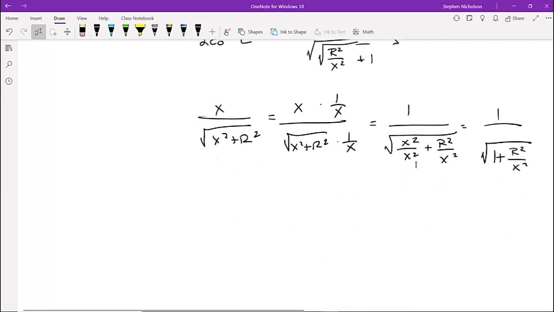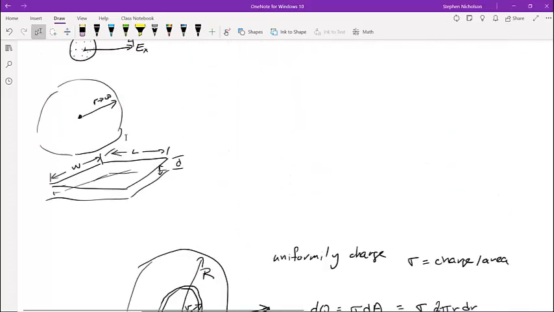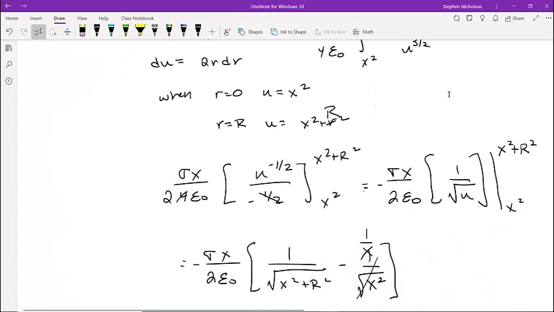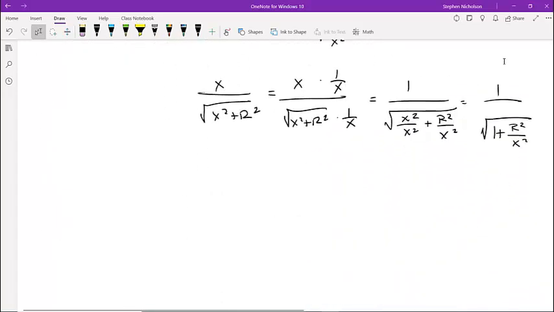Okay, so we've gotten to this point. Now what we're going to do is make big R go to infinity, so we're going to take the limit of this as R goes to infinity.